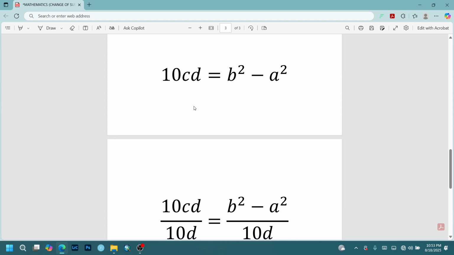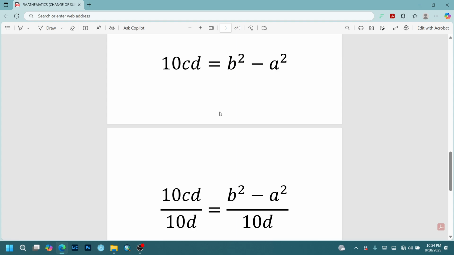What you do for the left-hand side, you do for the right-hand side, because this is an equation. So in canceling out the left-hand side with 10D, we also cancel out the right-hand side with 10D. We are going to have the fraction 10CD divided by 10D equals the fraction B square minus A square divided by 10D.